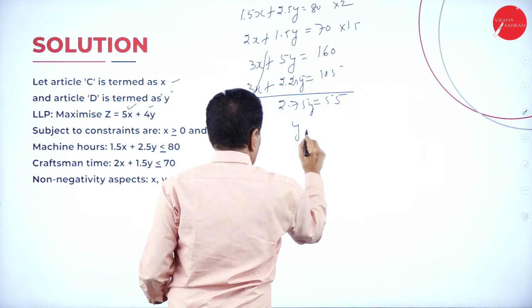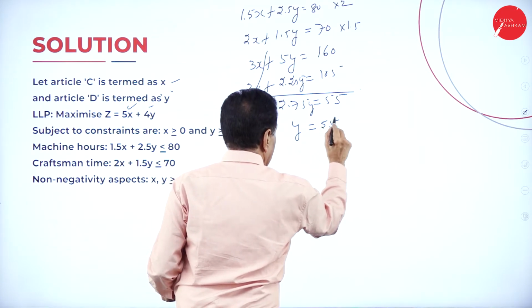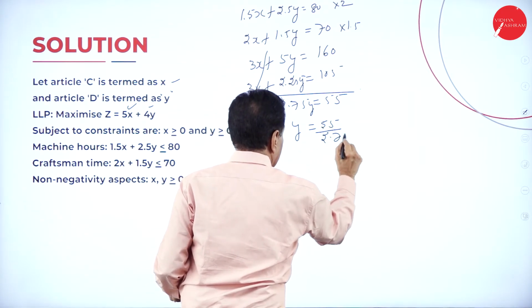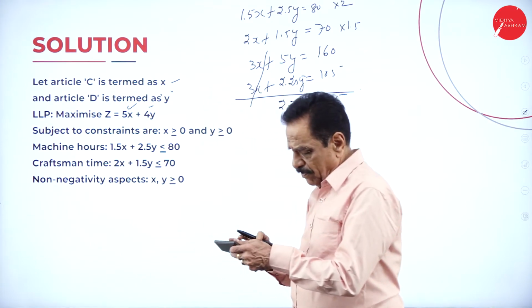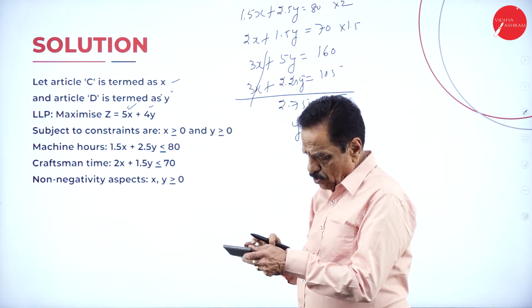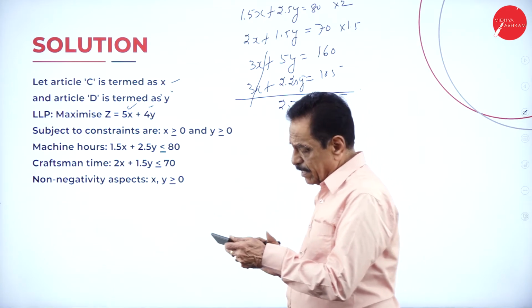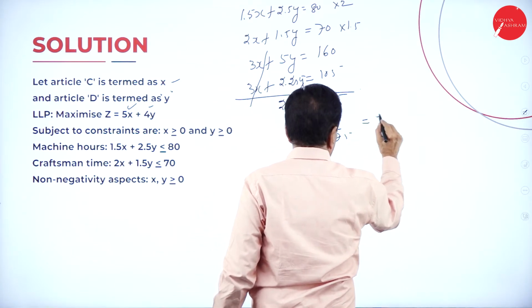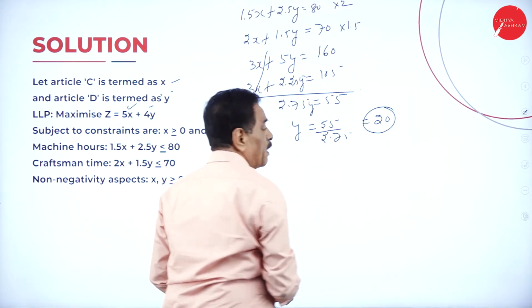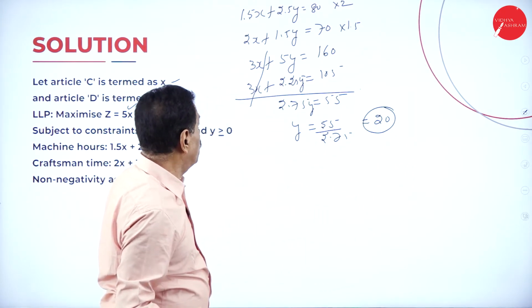So y is equal to 55 divided by 2.75. 55 divided by 2.75 is 20. So while you are doing the graph here, your y value should come 20.